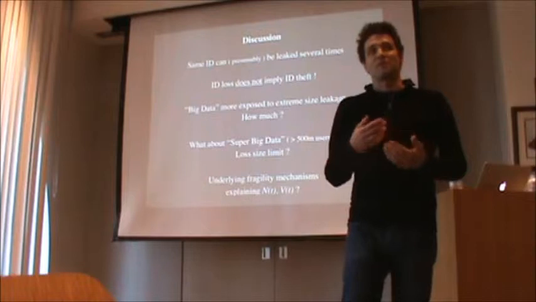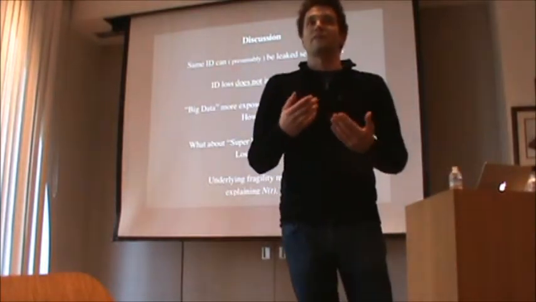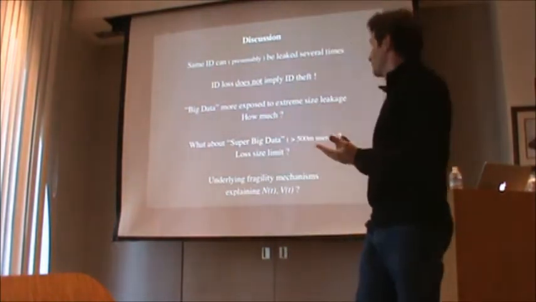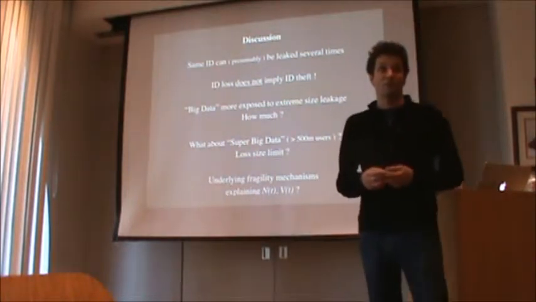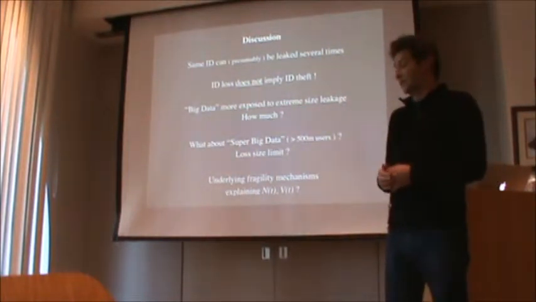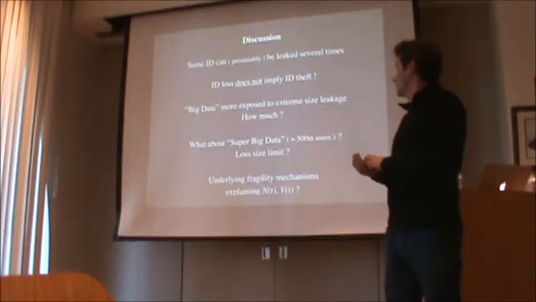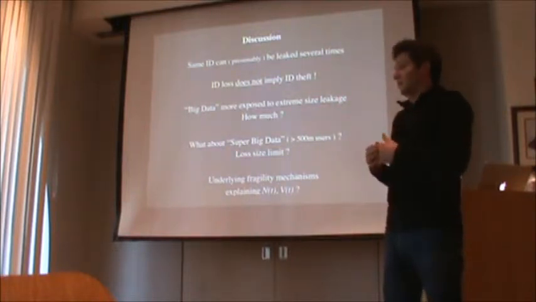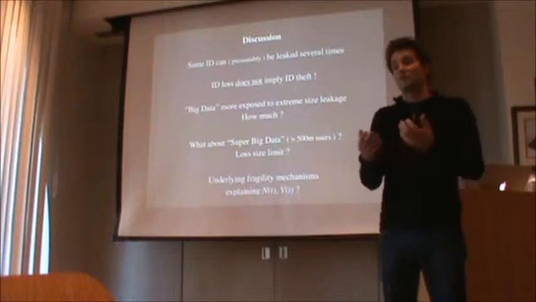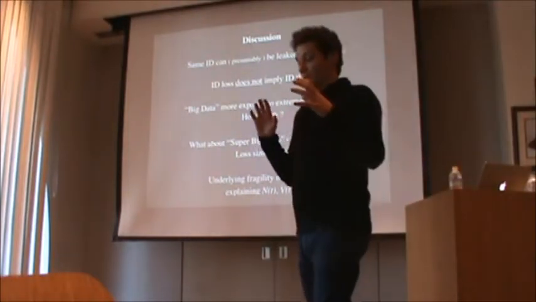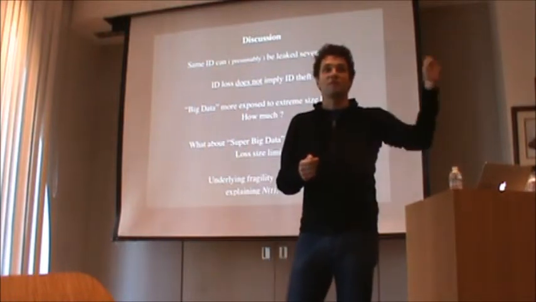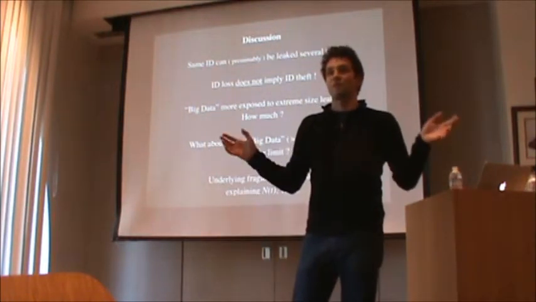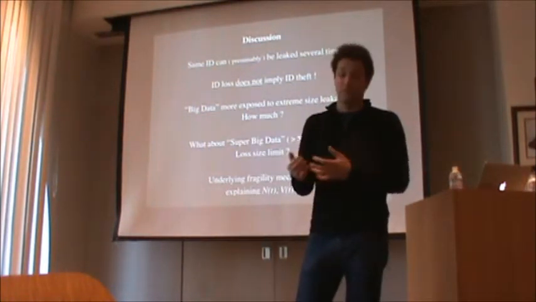So the distribution says implicitly that big data is very much exposed to identity theft. And so the big question is, how much? How can we say something about the probability of getting an extreme event in a database, conditioned on the size of the database? This is something we don't know about yet, and it's too bad.